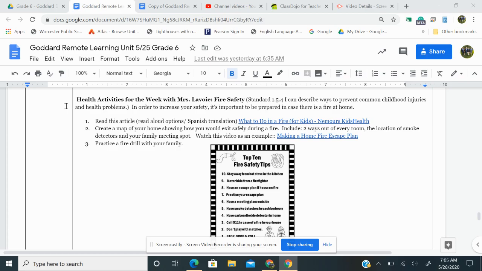It's all about fire safety, which is really important. In order to increase your safety, it's important to be prepared in case there is a fire at home. 1, read this article. There's read aloud options, and there's also a Spanish translation. So if you click on this link right here, you can either read or listen to the article. Next, create a map of your home showing how you would exit safely during a fire.